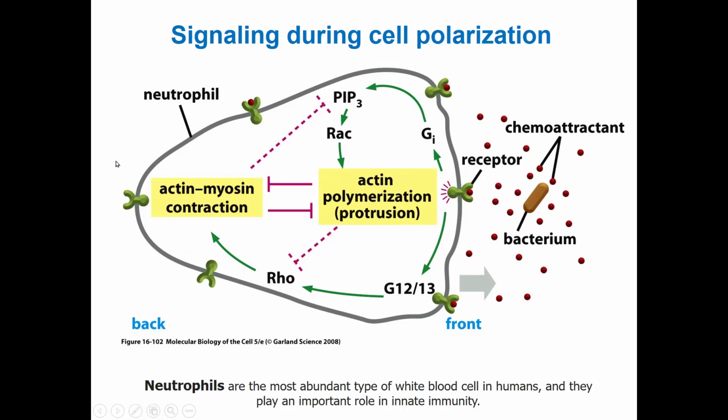And here you can see the trailing part is different, and here Rho protein and phosphoinositide phosphate, and Gi, G12, lots of players are involved. Even actin-myosin contraction takes place in the trailing end, and this is the polarization, and this polarization helps neutrophils to move toward the bacterium to tackle it.